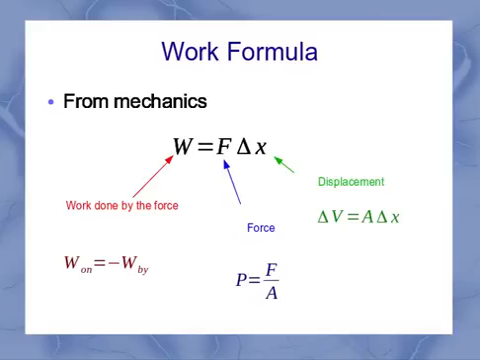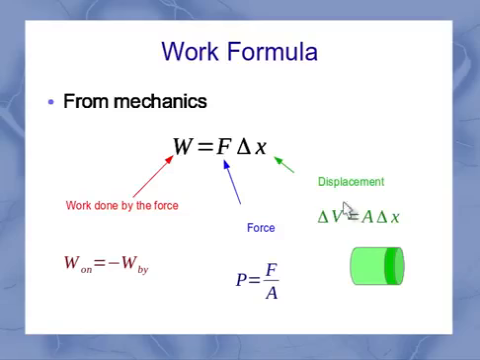This is easier to see if I draw you a little cylinder here. The volume is going to be the area of the cylinder times the length of the cylinder. And the change in volume keeps that same constant area times just the little change in length of the cylinder.